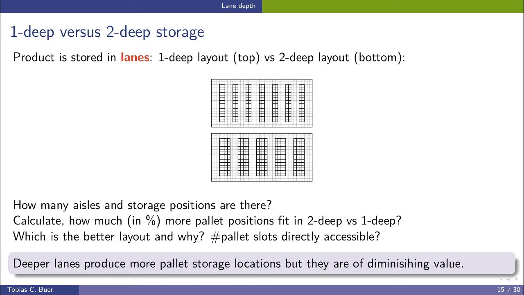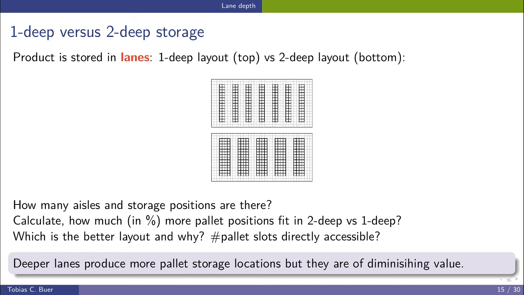We are interested in this direct access of a pallet. In the lower picture, once we remove the first pallet, then we can access the second pallet when we do this from the left side.